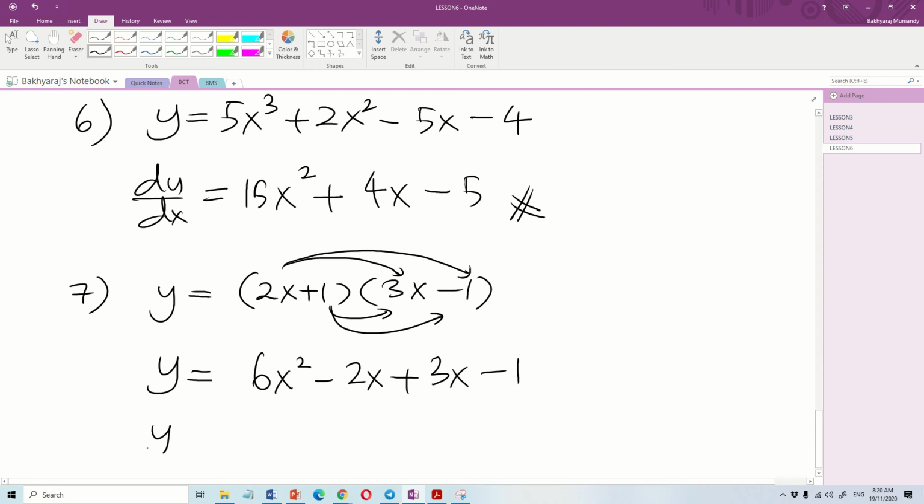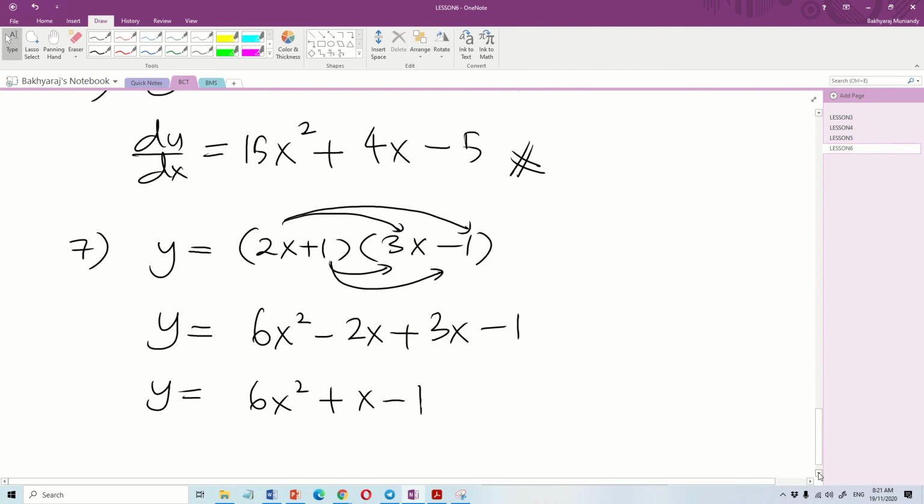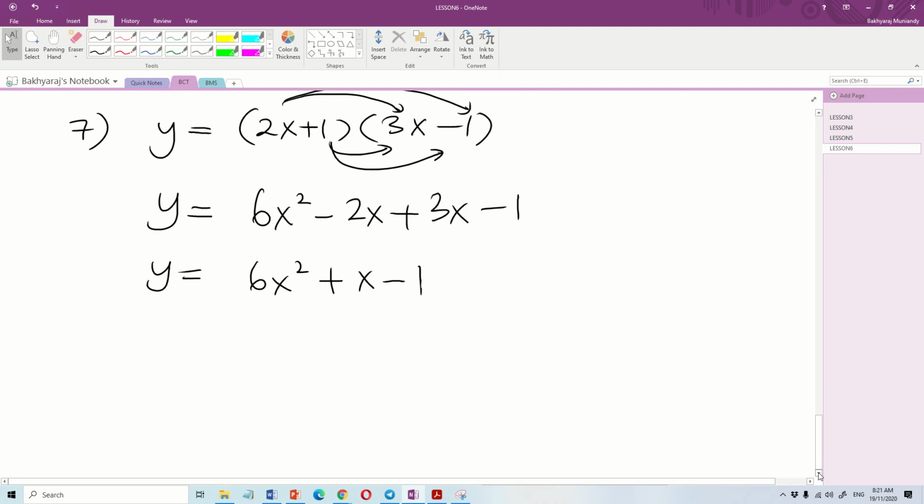So finally we get 6x squared plus x minus 1. Okay, very good. If you get this, then definitely you can find the last answer.